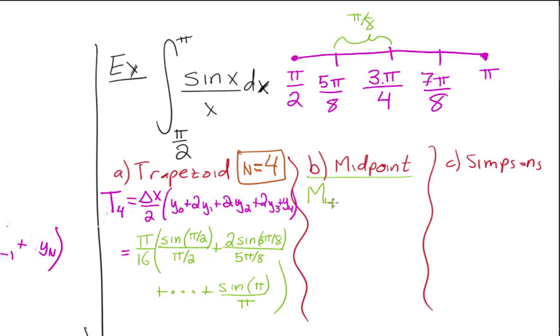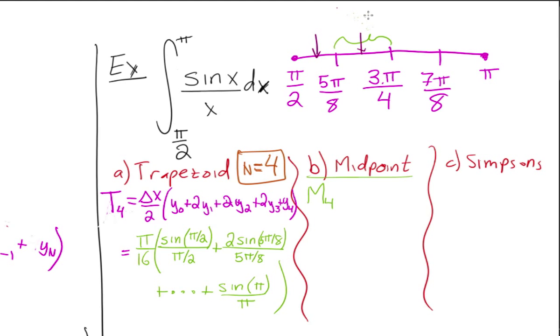Notice for the midpoint though, which values would you use? Would you use any of these? You would use none of them, right? All of them would have to be exactly halfway between all of them, right? So if you're doing the midpoint rule, you would have to find completely new values at each one of these. So let me erase this.